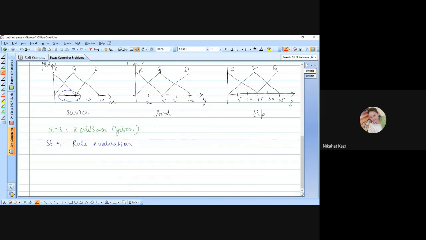So service is 3 and food quality is 1. Service is mapping to, so what do you need to do? You need to substitute this in the equation of poor and good quality of service.